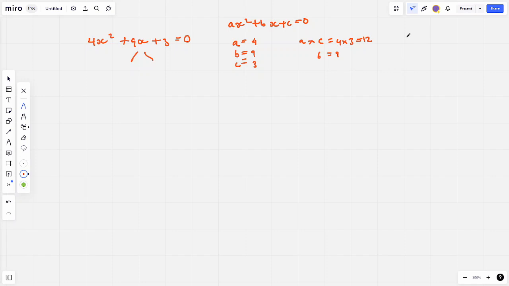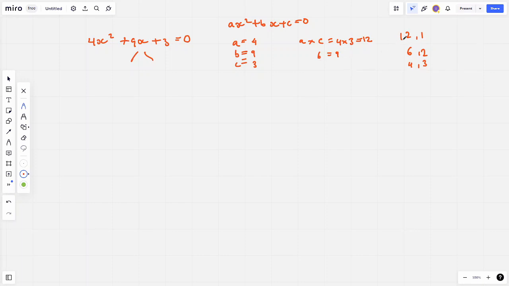So two numbers that equal 12 when you multiply them. So we've got 12 times 1, we've got 6 times 2, we've got 4 times 3. So all of these multiply to equal 12, but if you look at b, we need two numbers that add to 9.